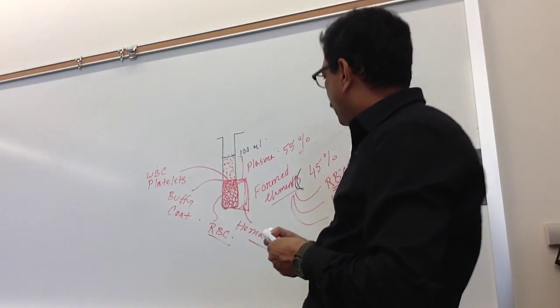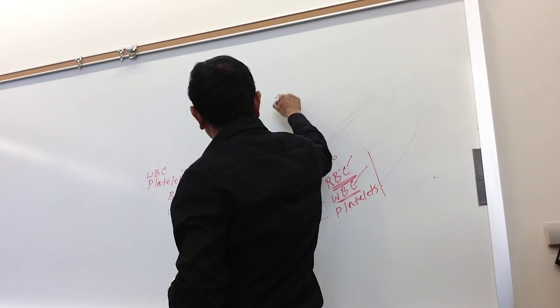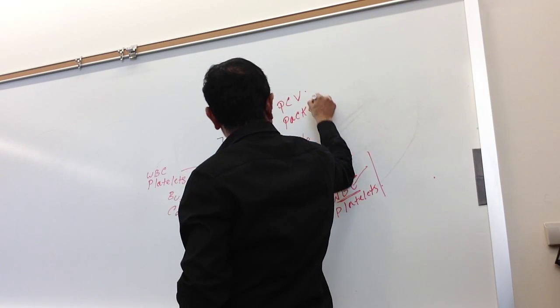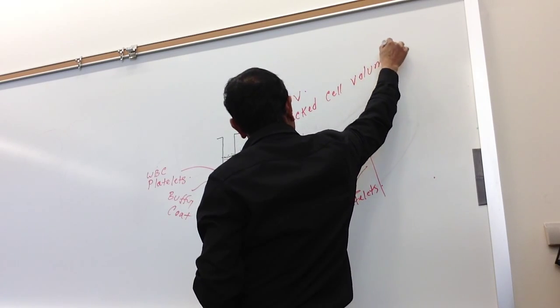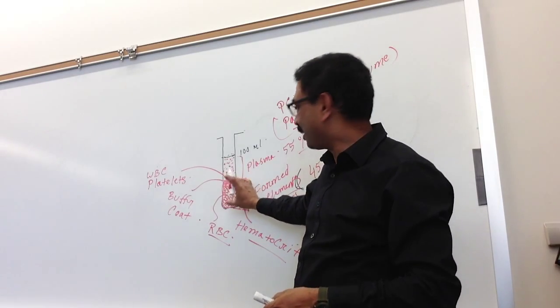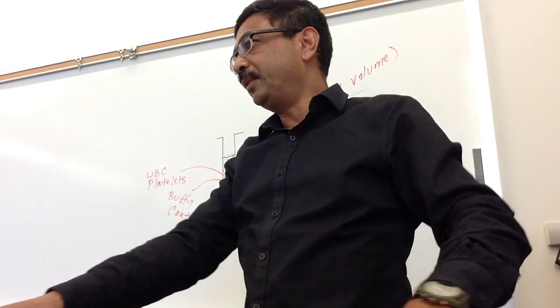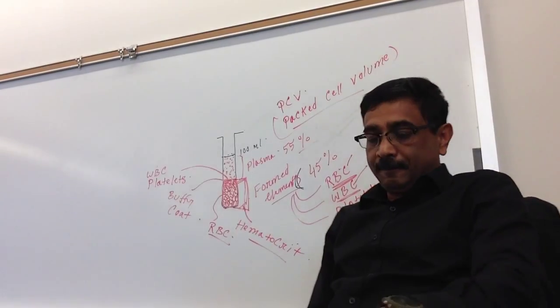Hematocrit is also called packed cell volume, PCV. Makes sense, right? Because all cells are packed here in the bottom part. That's the packed cell volume, or PCV, or hematocrit. Same thing. Okay.